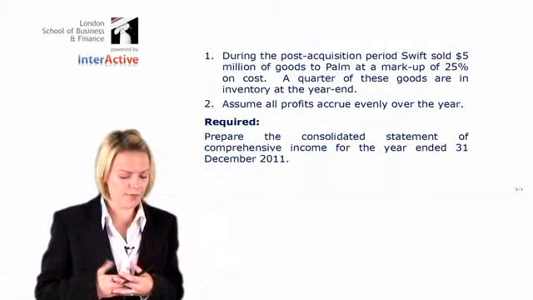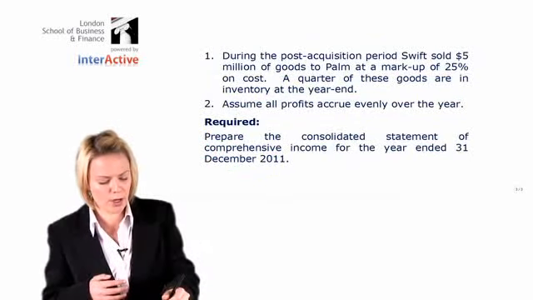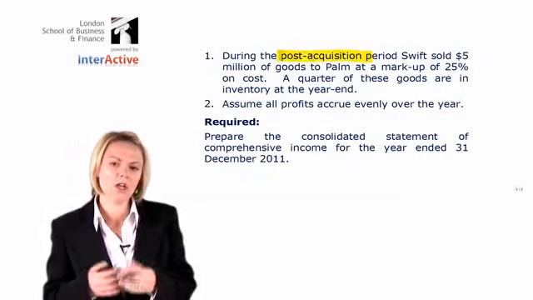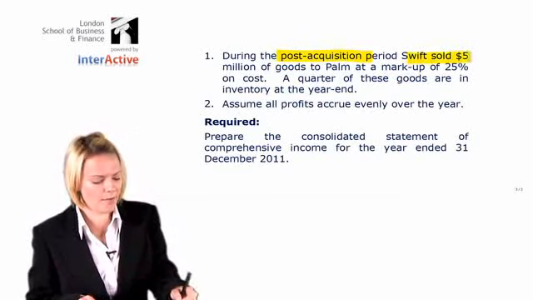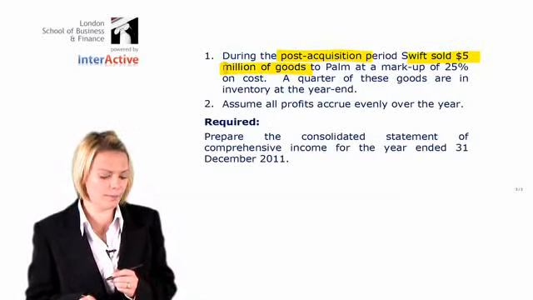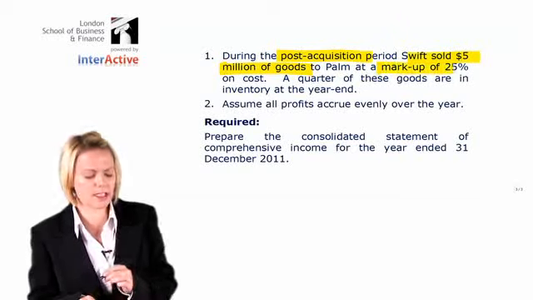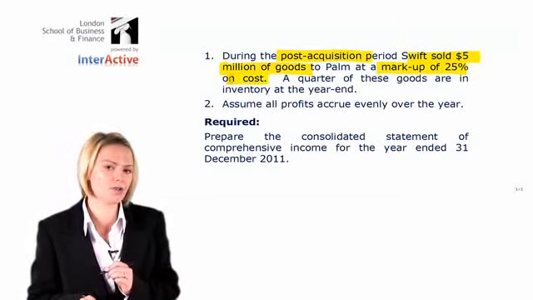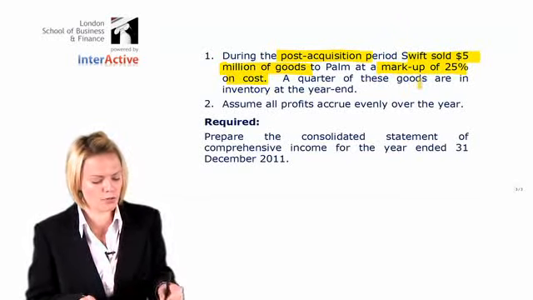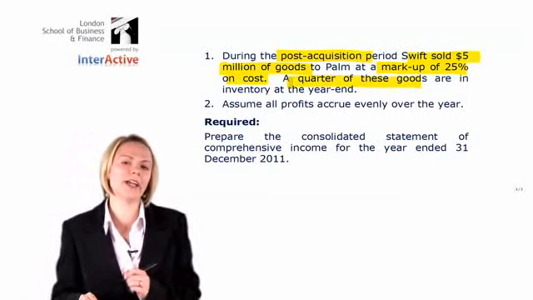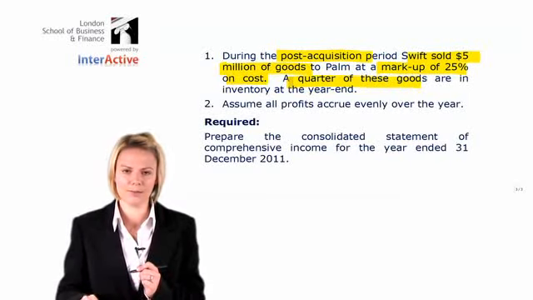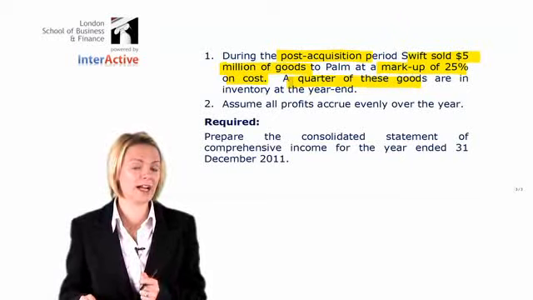So the following notes are relevant then. During the post-acquisition period, Swift sold $5 million worth of goods to Palm at a markup of 25% on cost. A quarter of these goods are in inventory at the year end. Could you guess what sort of adjustment we'd have to do?